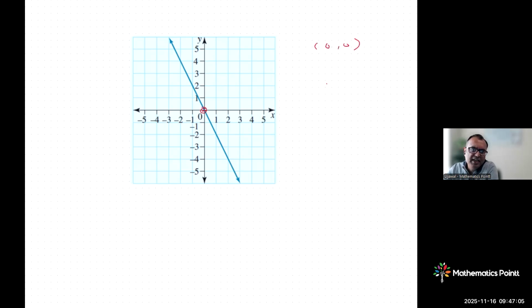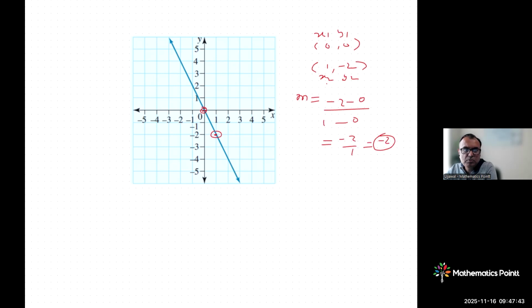And then I can find any one more point of my choice. Let's say I picked this point here, which is 1, negative 2. So the slope m, this is x1, y1, x2, y2: y2 minus y1 over x2 minus x1, which means negative 2 over 1. So the slope is negative 2.